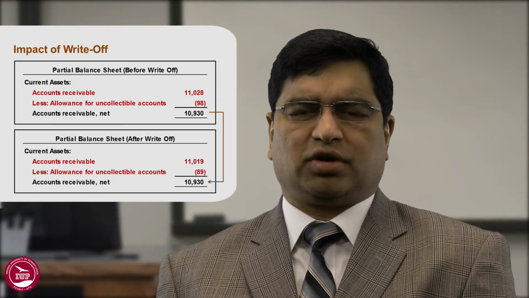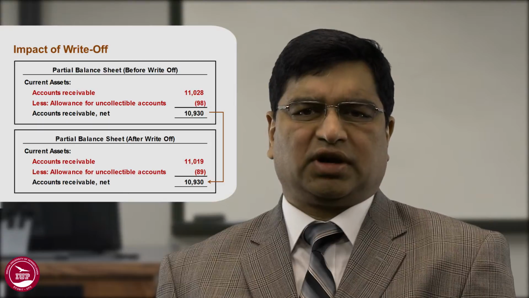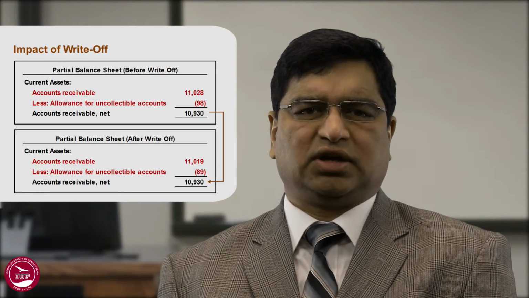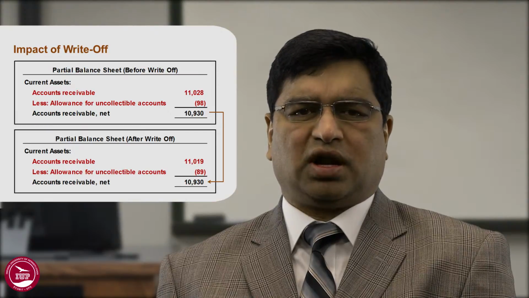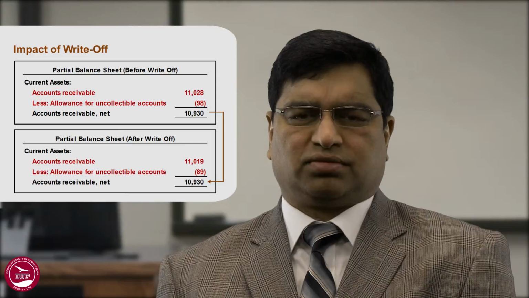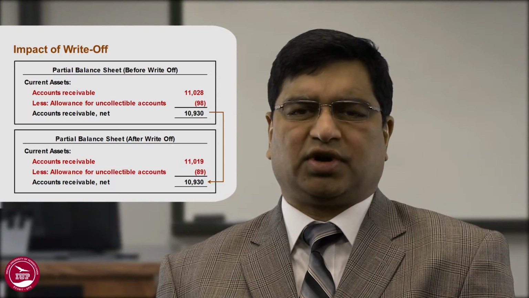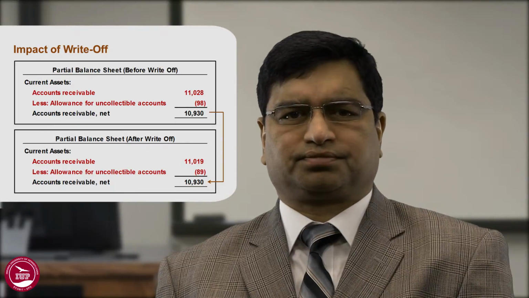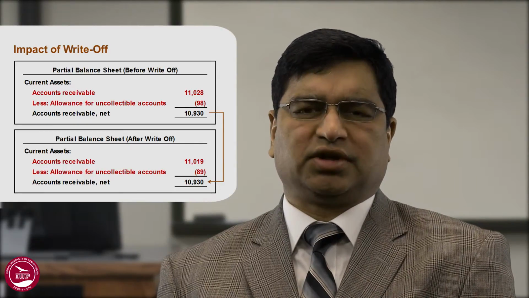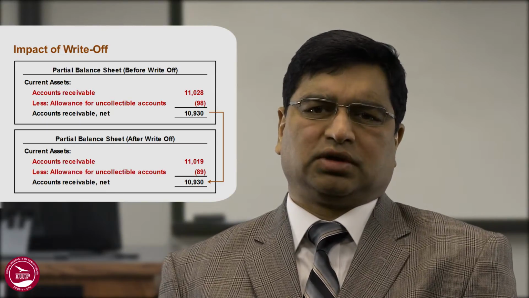Your net receivable was 10,930, and after the write-off, your balance of account receivable is 11,019, and your allowance account has been adjusted to show 89 million after the adjustment of 9 million, leaving net receivable at 10,930 because your adjustment is now made through the allowance account.